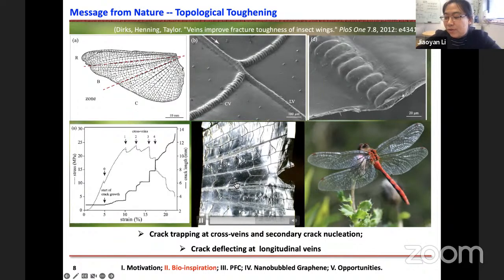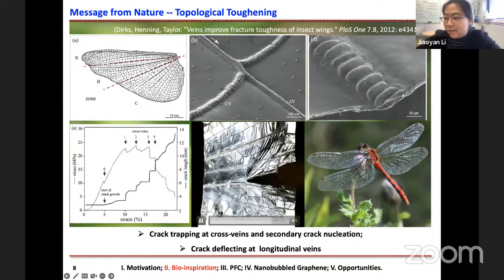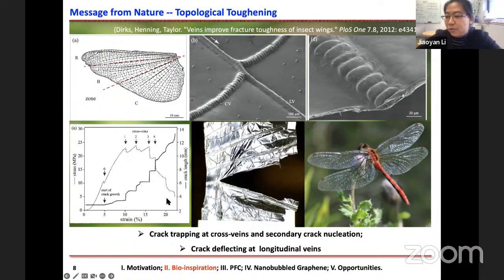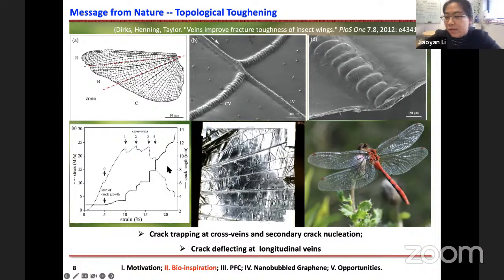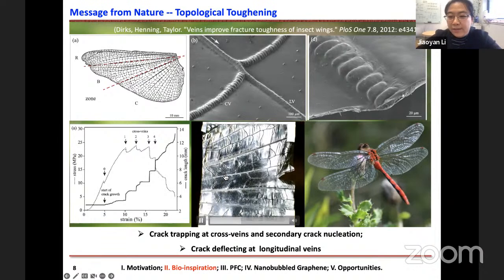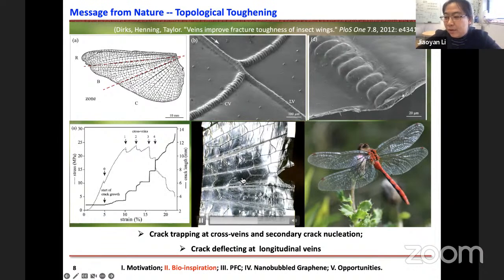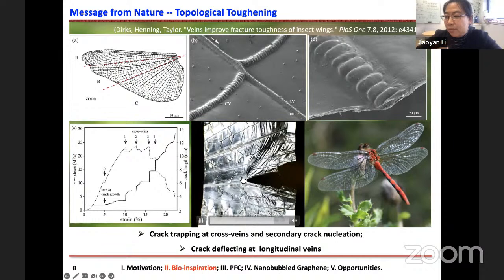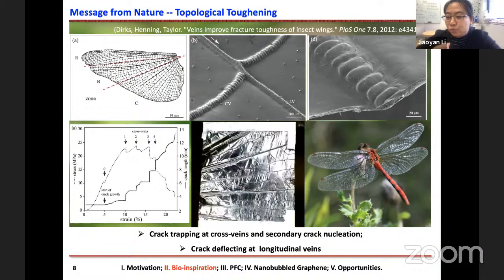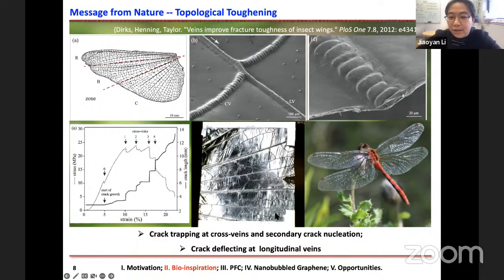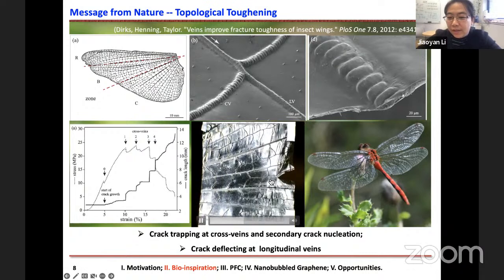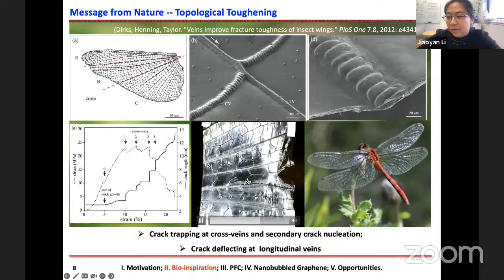Biomechanics researchers have measured the stress-strain curve, which is shown here at the bottom. We can see that during the crack propagation, the wing can take some loading while the crack tip is trapped by the first cross vein, and the second one, and the third one, one by one.